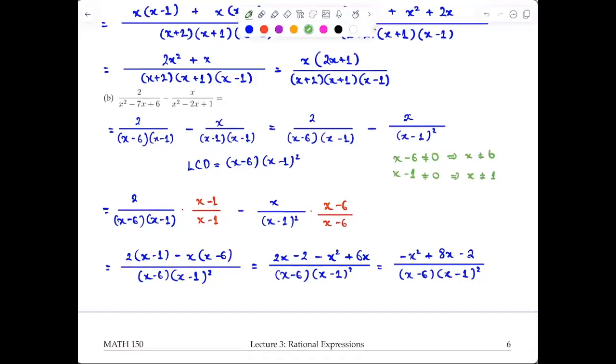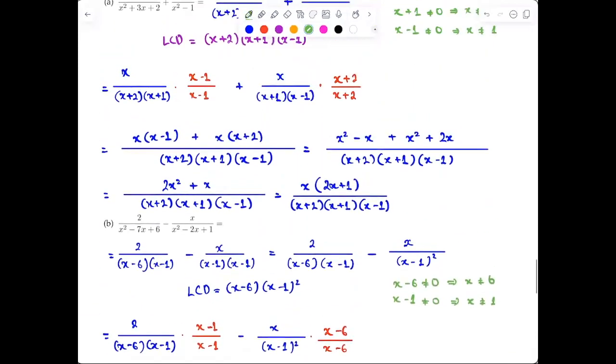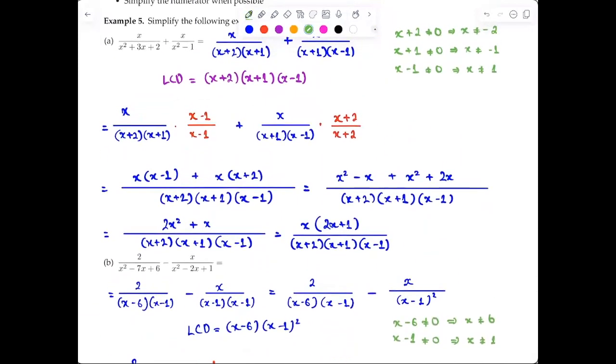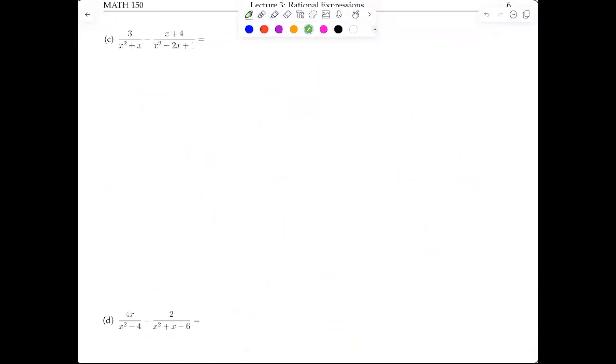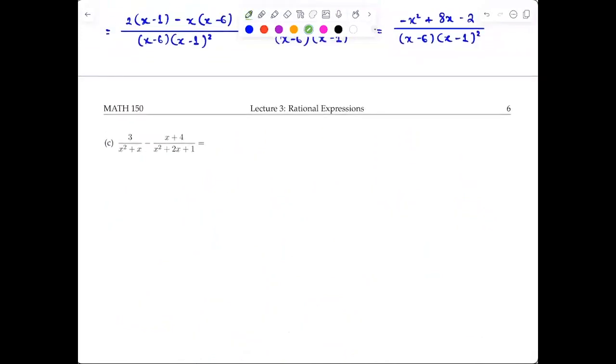Okay, good. So for C, again, we try to factor the numerator and the denominator when possible. So you get 3 over x times x plus 1. Right, so for x squared plus x, you have a common factor, which is x in this case, so that's how you factor the denominator.